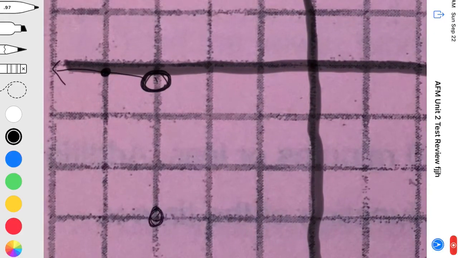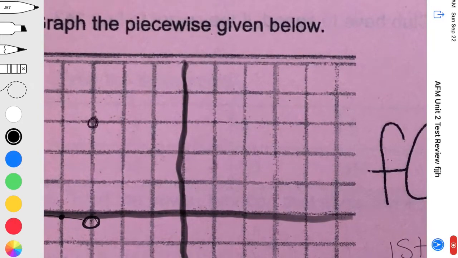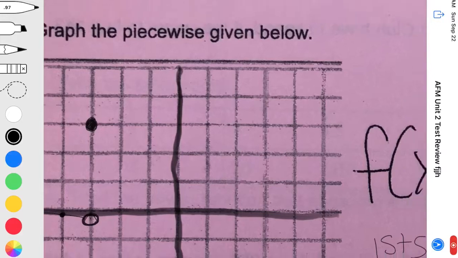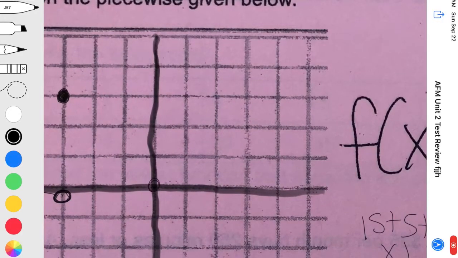It's a closed circle. And then our second point was 0, 0. And then 1, 1.